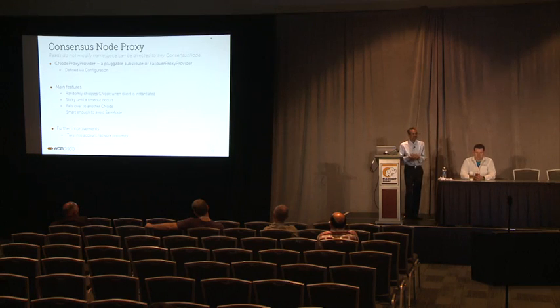The main feature of the consensus node proxy provider is that it randomly chooses a C node when the client is instantiated, remains sticky to that C node until a timeout of one of the requests happens, and then it switches to another C node, and it's smart enough to avoid safe mode. There are improvements we could make, and one of those is to make network proximity a factor in the choice of proxy.